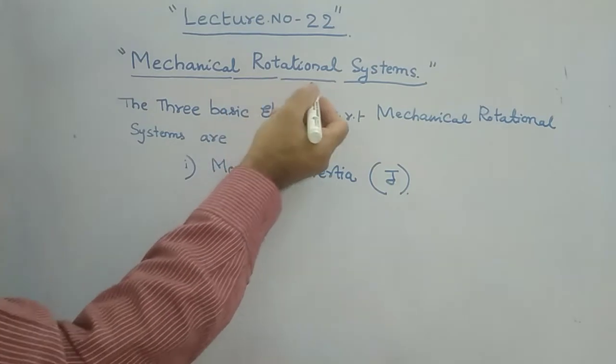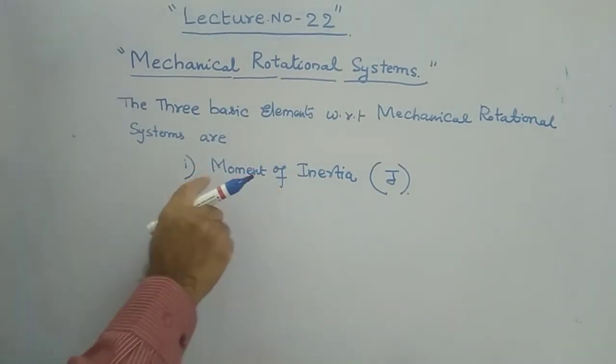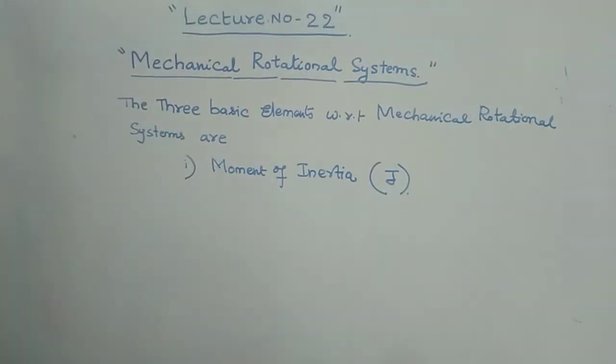With respect to the rotational system, the mass is denoted by its moment of inertia, denoted by the letter J.